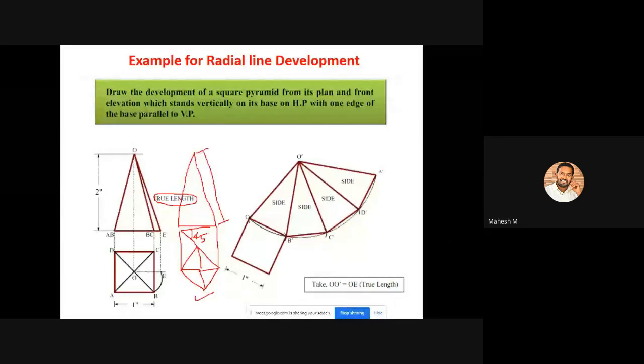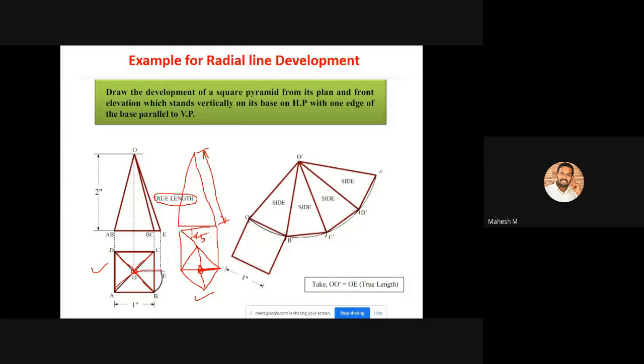The reason is that when we join the center point to each corner, a horizontal line will compulsorily appear. But in this kind of diagram, there is no horizontal line because you are joining all the corners with this apex point like this. So there is no horizontal line for this top view, and you have to create an imaginary horizontal line.